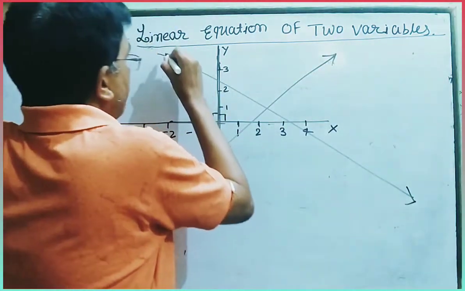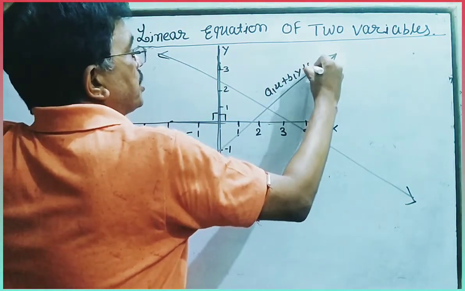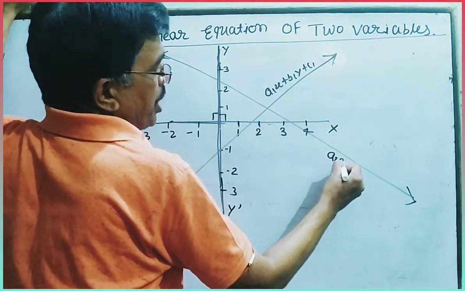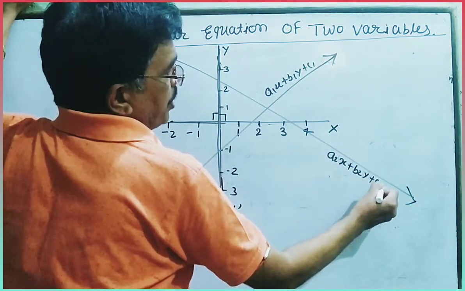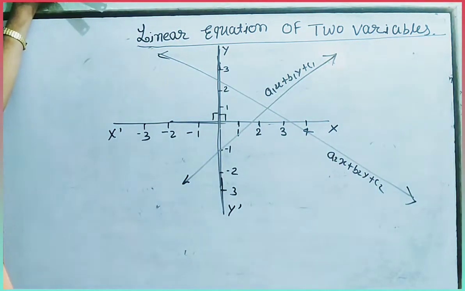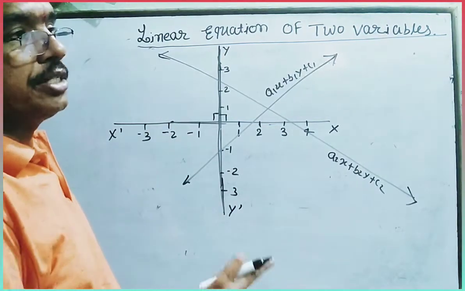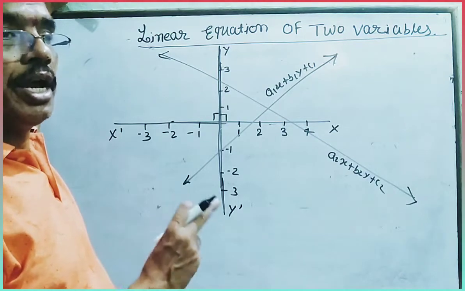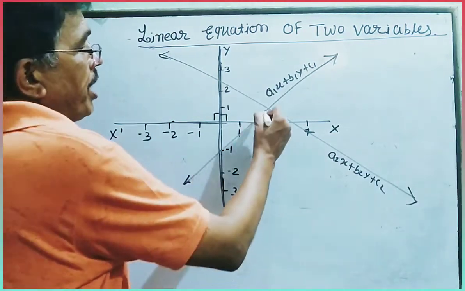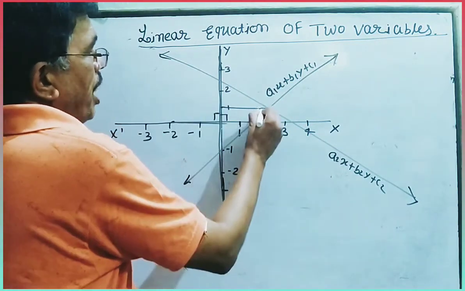Suppose this equation is a1x plus b1y plus c1, and this equation is a2x plus b2y plus c2, and both lines intersect at a point. Then it is clear that it has a unique solution and it is consistent. Unique solution means it has only one solution of x and y, and we can find it with the help of the graph.